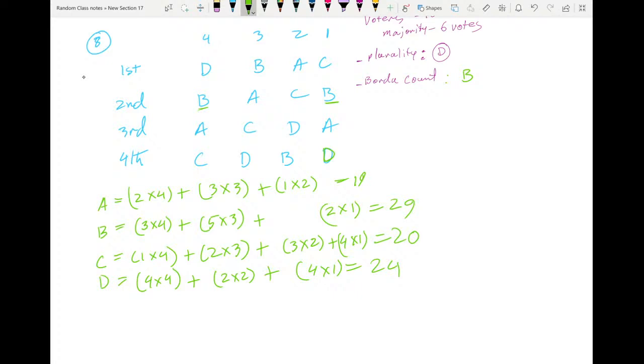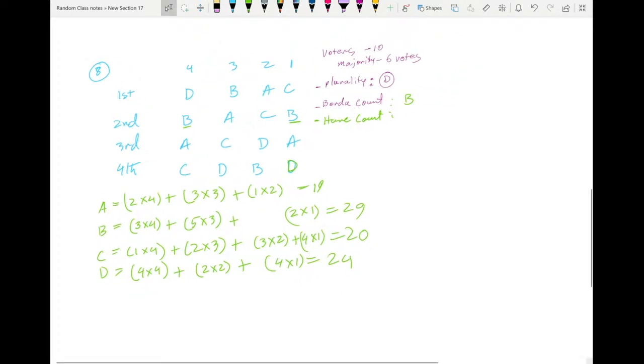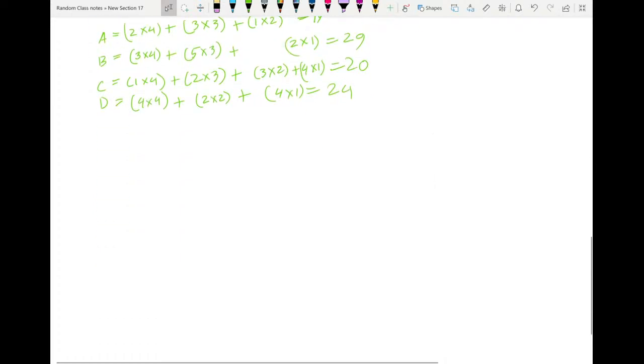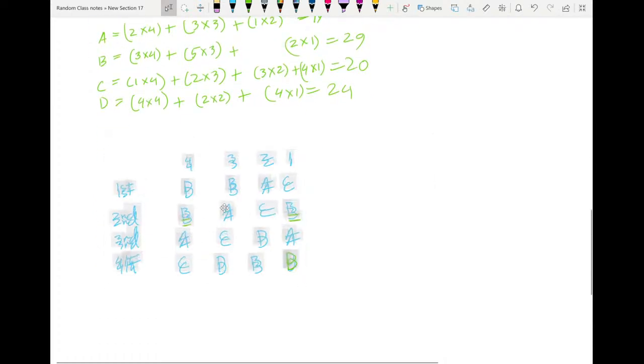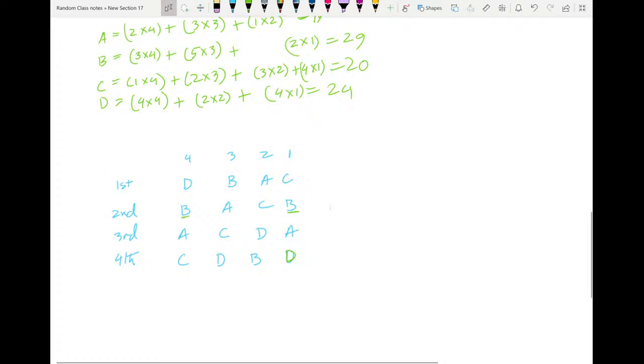All right, now we're going to look at the Hare count. So until we get the 6th majority vote for first place, we don't have any winner. So what we're going to do is, let me copy it and redo it over there. Copy. Paste. All right, let's look at it. What happened? Do we have a clear winner? No. Who's the last place of the first?